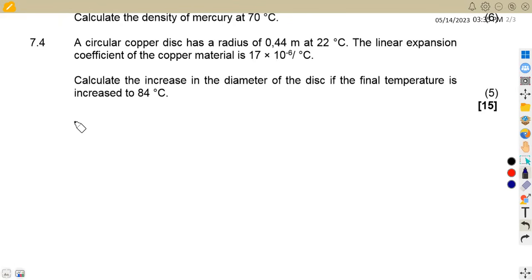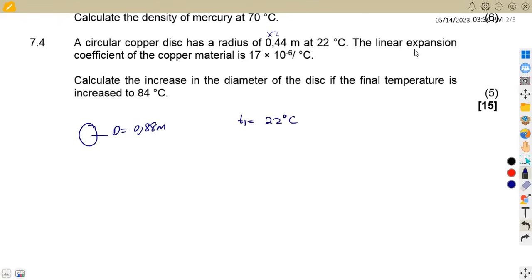That was what we had on question 7 on this question paper. Okay, let's see what we have. So this is a circular copper where we are given the radius. So from the radius, we can have our diameter. If you multiply by 2, we've got diameter here, which is 0.88 meters. So we've got the diameter, and the initial temperature in this case, which is T1, is 22 degrees Celsius.